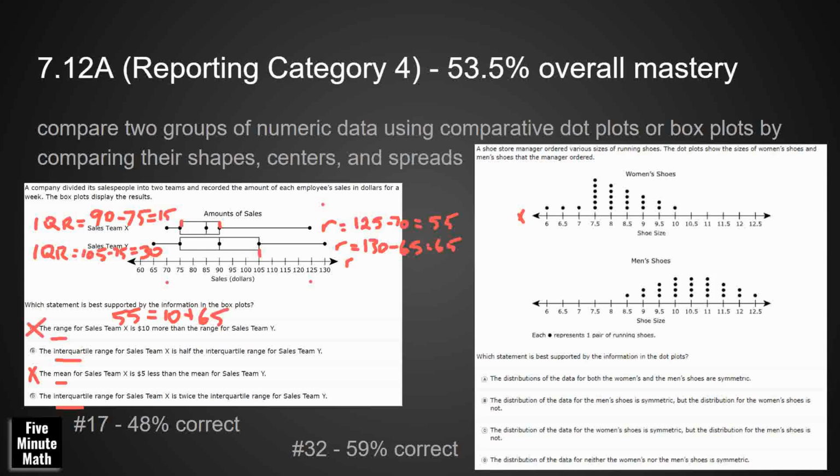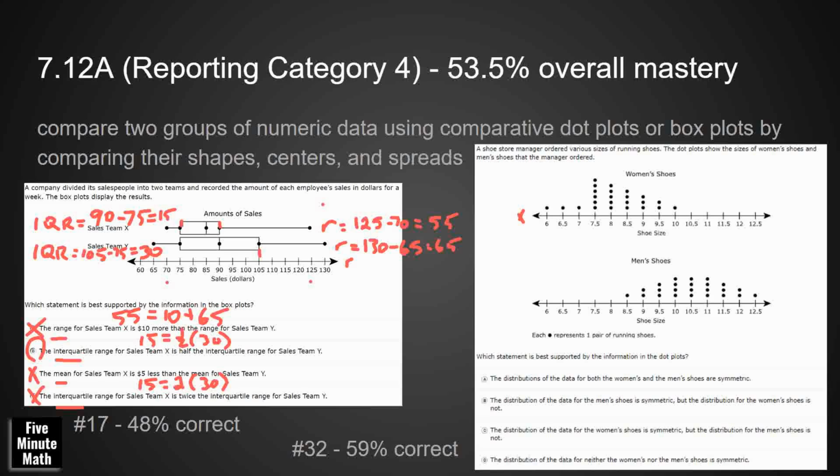The interquartile range for sales teams X. Okay, so sales team X is 15 equals half interquartile range for sales teams Y. Yeah, 15 does equal half of 30. Okay, that looks good. Already said C doesn't work. Let's check D. Interquartile range of sales teams X, 15 is twice. Okay, so that's just the opposite, the inverse there, and that doesn't work. All right, so my answer is B on number 17.